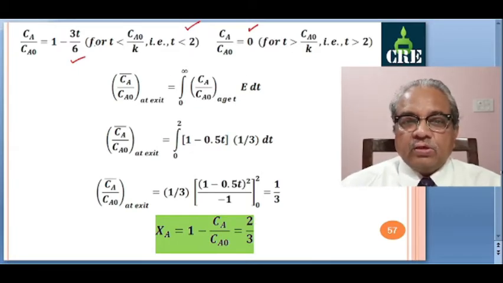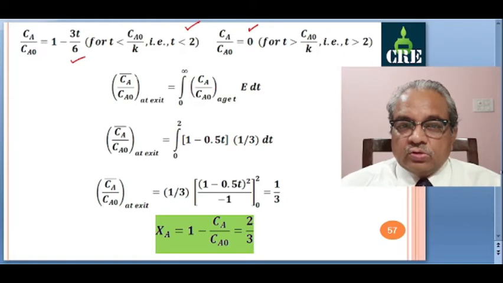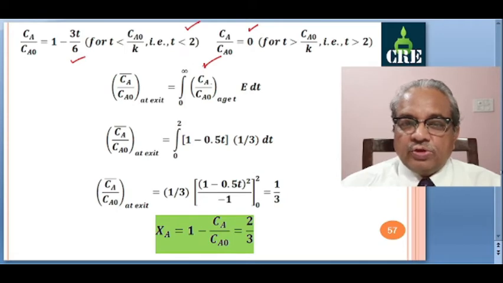So with this limiting value, which is given by Ca0 by K, and t less than or equal to Ca0 by K, we will carry out this integration. So again, same equation. The average value at exit is equal to integral 0 to infinity Ca by Ca0 at all ages t into E dt.